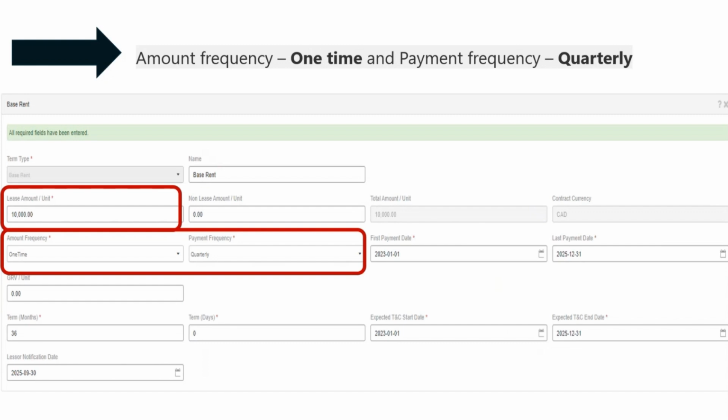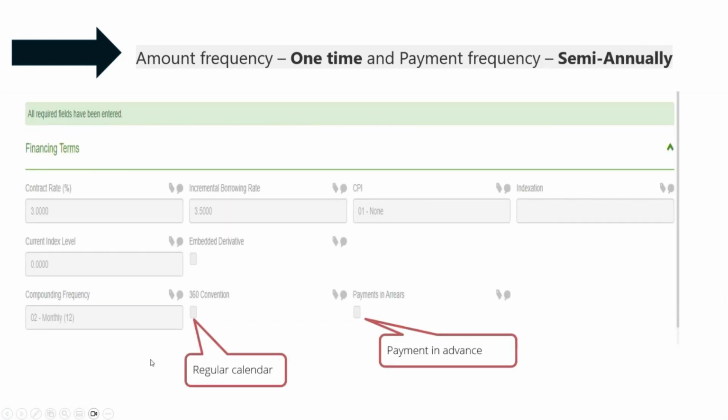Now we have another combination. If amount frequency is one time and the payment frequency is quarterly, that means the amount indicated over here will be paid in full every 3 months, irrespective of the number of days available in that quarter. If you're using a regular calendar and payment in advance, or if we have the 360 convention on, or if the payment is in arrears, we'll have a similar schedule.